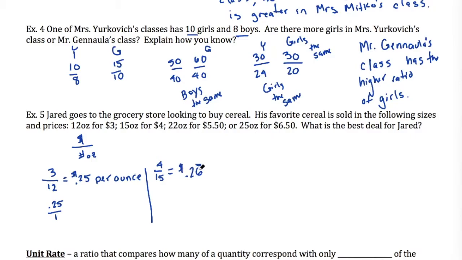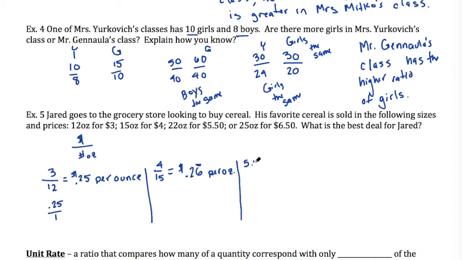So you can put that bar over the 6 there, to say that it would keep going 6s forever. And that's $0.26 per ounce. I'll abbreviate this time. Okay, so right away, that's more dollars per ounce than the first box. And if you think about it, do you want to pay more money for every ounce of cereal? No. So right now, this is not a better deal than the first one. Well, let's keep going, see if we find any other better deals.